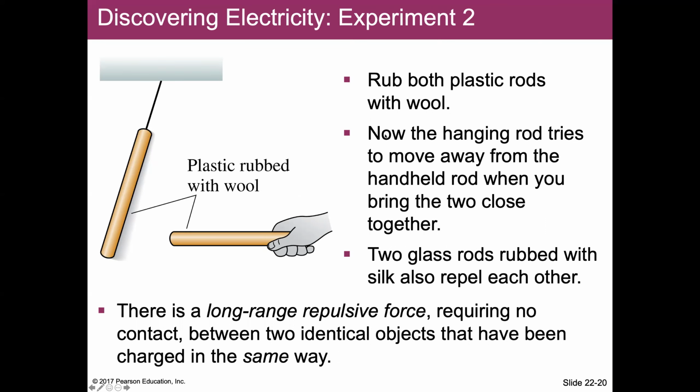Once you rub the plastic rod with wool or hair, and you put your plastic rod rubbed with wool closer to the other rod, which is hanging here, you will see it moves away from the rod in your hand.